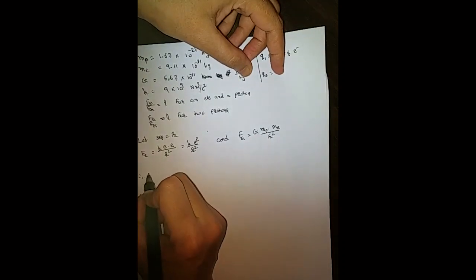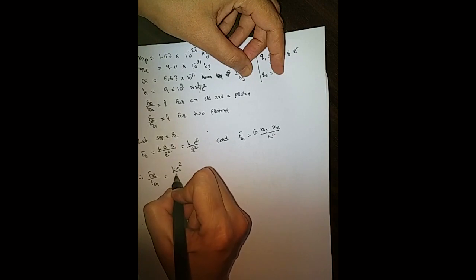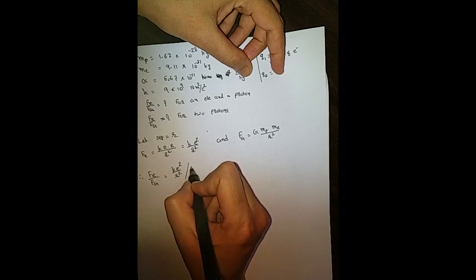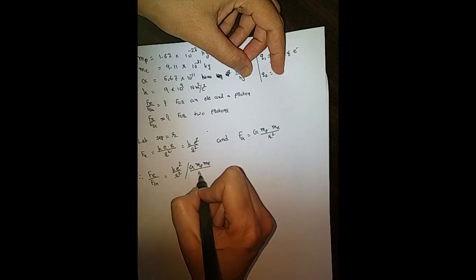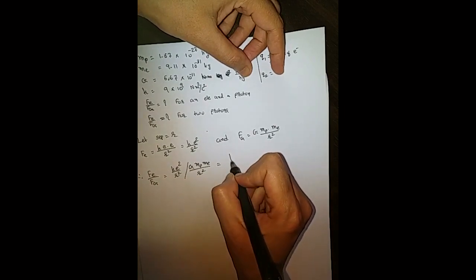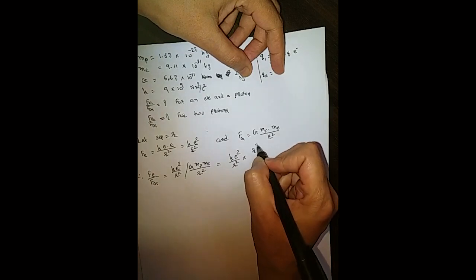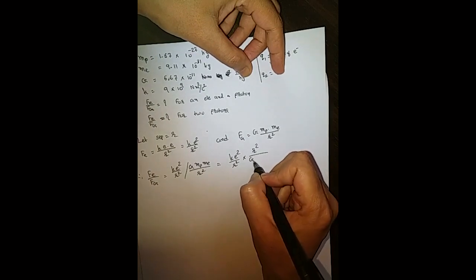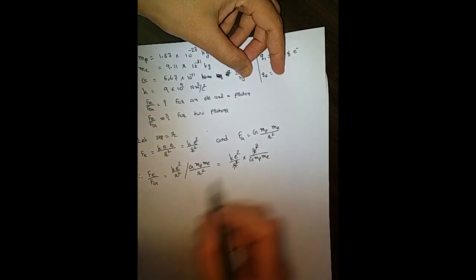From this, I can say that Fe upon Fg is equal to K e square by r square upon G mp me upon r square, which can be written as K e square upon r square multiplied by r square upon G mp me. r square gets cancelled.